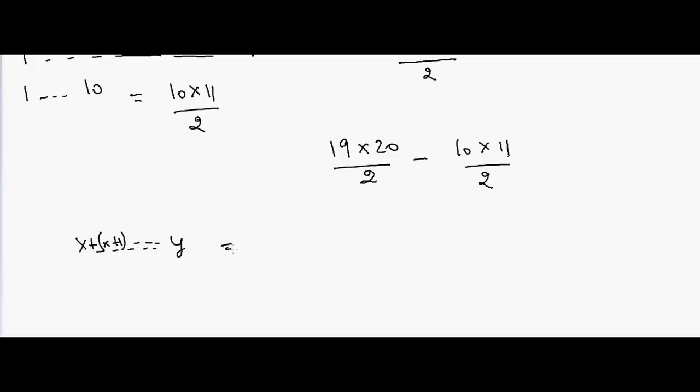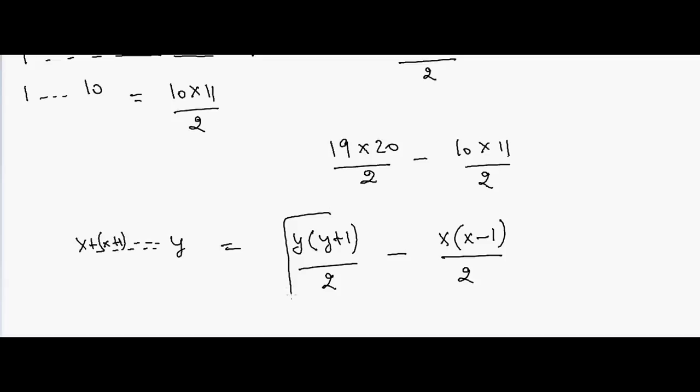In that case, I can write this as y into y plus 1 divided by 2 minus, and here we have to be careful because this is x, so this will be x into x minus 1, because we are adding until x minus 1, divided by 2. That will be our answer if we have to add numbers in series.